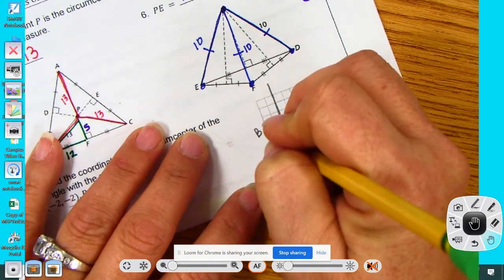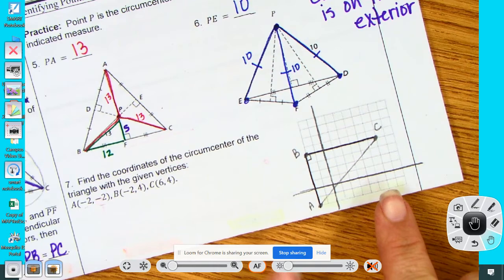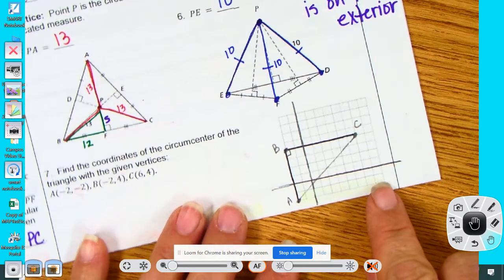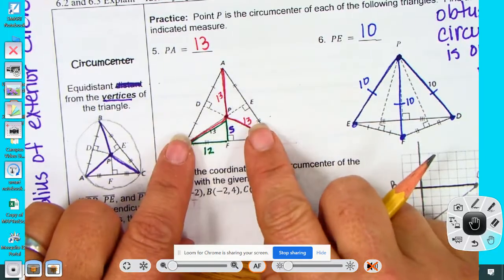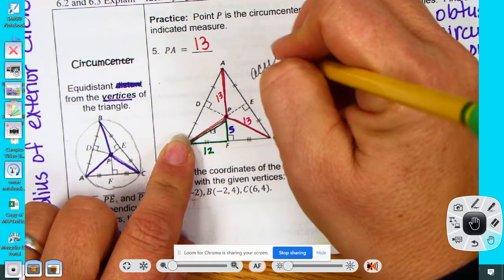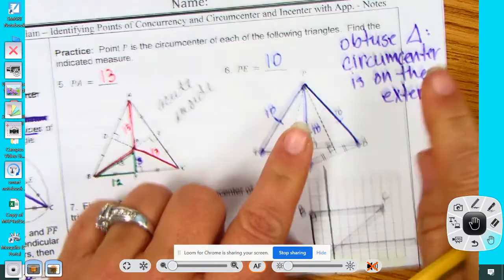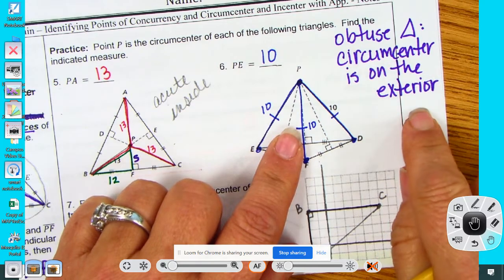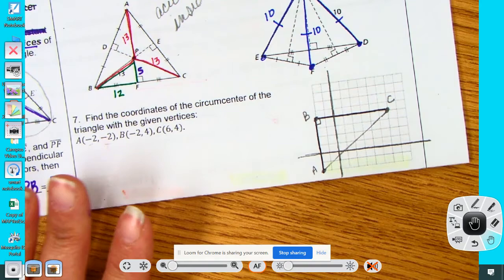So you're getting to see an example of each. So you got an acute, an obtuse, and a right triangle. So where is the circumcenter on a right triangle? We know it's on the inside of an acute triangle. We know it's obtuse, it's on the outside. So for a right triangle, where's it going to be?